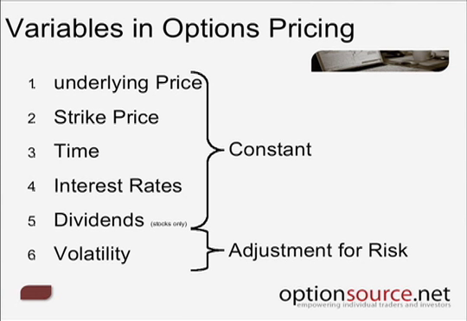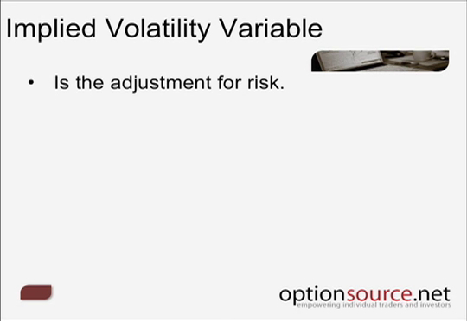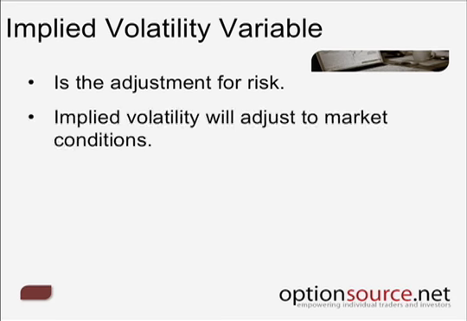So this volatility, as I mentioned, is the adjustment for risk. As far as the implied volatility goes, it will adjust based on specific market conditions. When current market conditions are relatively stable, implied volatility tends to stay within a certain range.